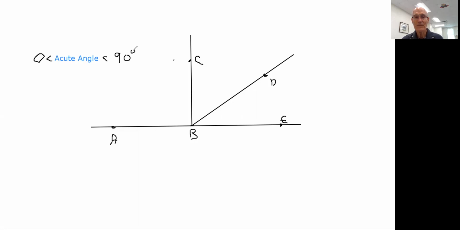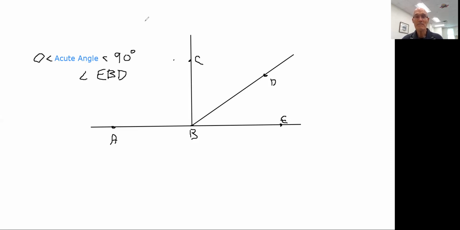If you look at the picture here, an example of an acute angle would be angle EBD, because the measure of that angle is less than 90 degrees.